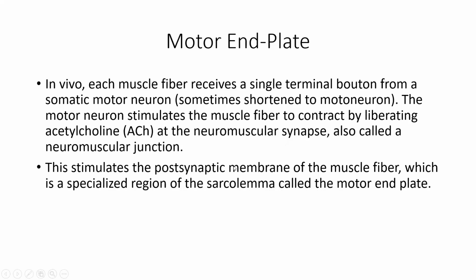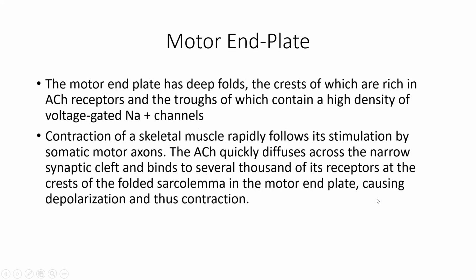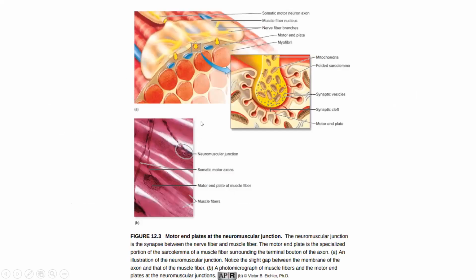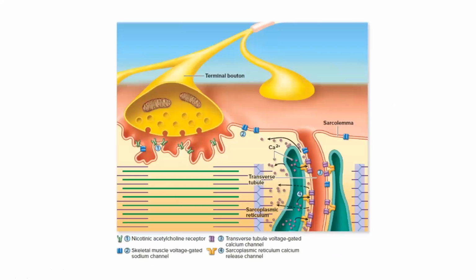And the specific area of the postsynaptic membrane is called the motor end plate. Well, the motor end plate has folds, crests, which are rich in acetylcholine receptors. And when the acetylcholine is attached to its target receptor, then the voltage-gated sodium channels become opened. This leads to depolarization. And now let's see how the other steps actually occur.